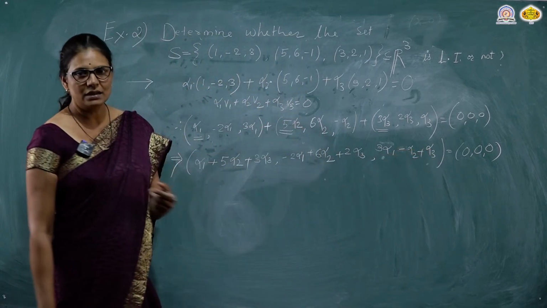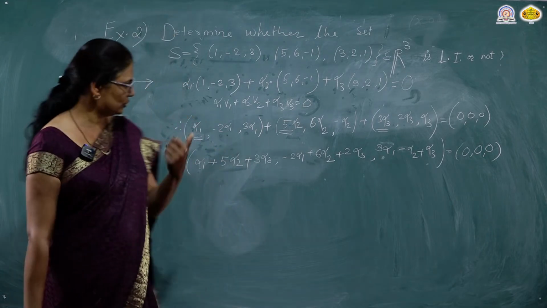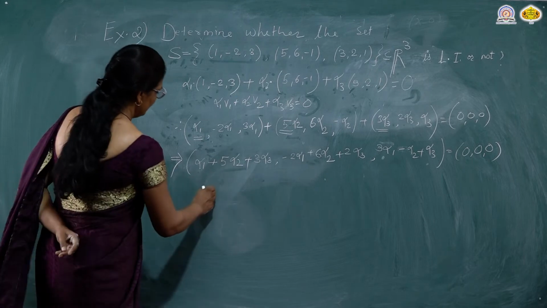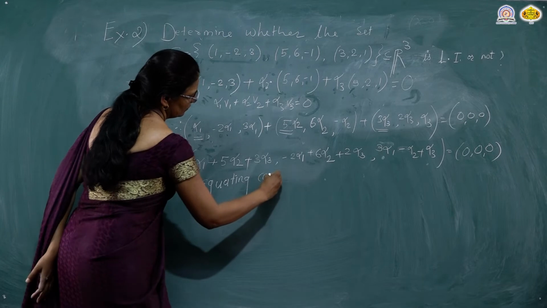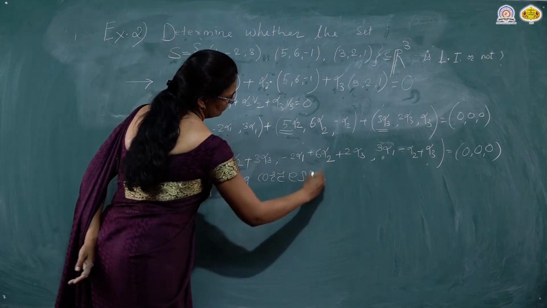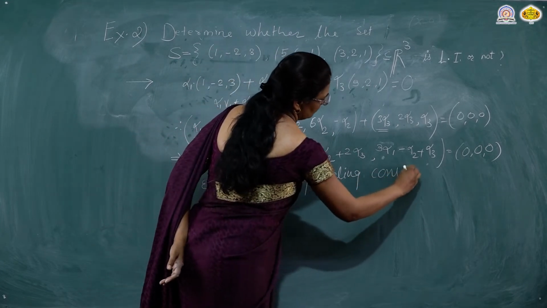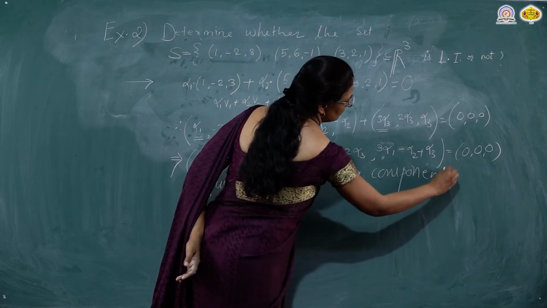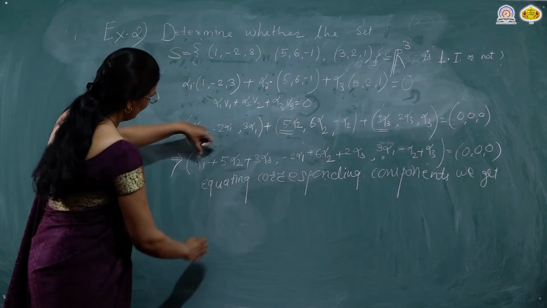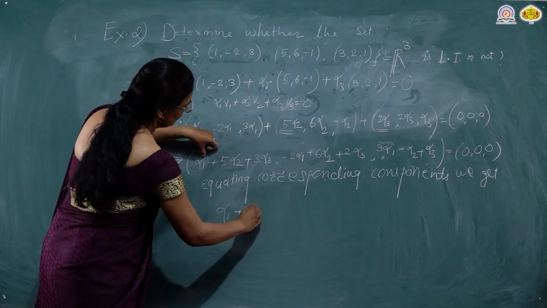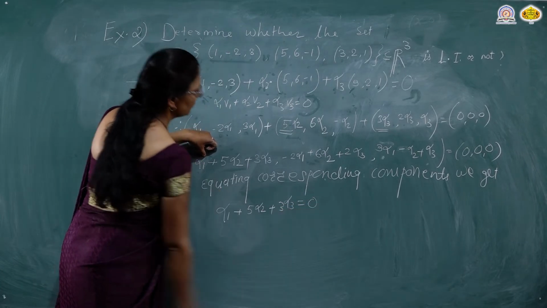Now these 2 vectors are equal if and only if corresponding components are equal. So we equate the corresponding components and we get one system. First component: alpha 1 plus 5 times alpha 2 plus 3 times alpha 3 equals 0.